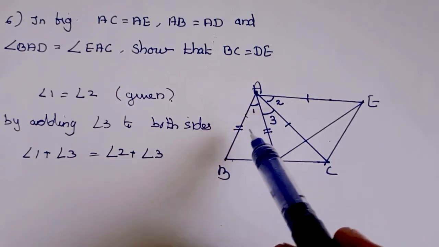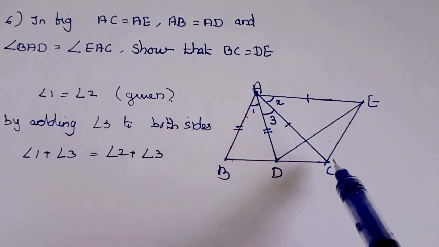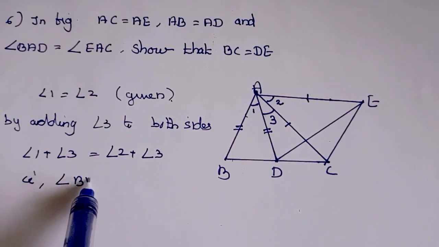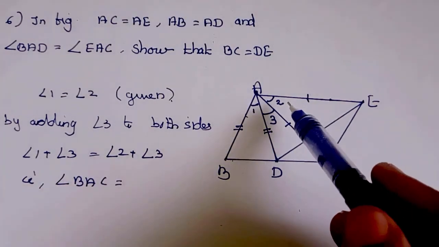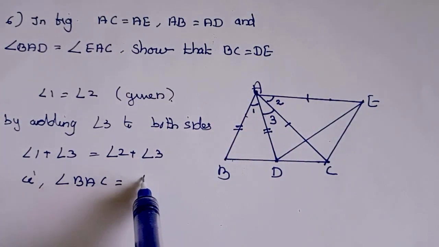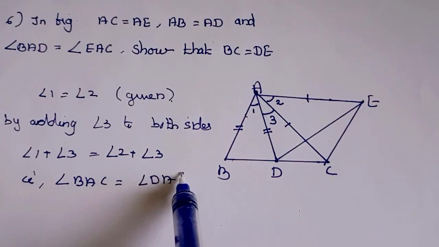Angle 1 plus 3 is this complete angle, that is angle BAC, equals 2 plus 3, which is angle DAE, isn't it? Angle DAE.